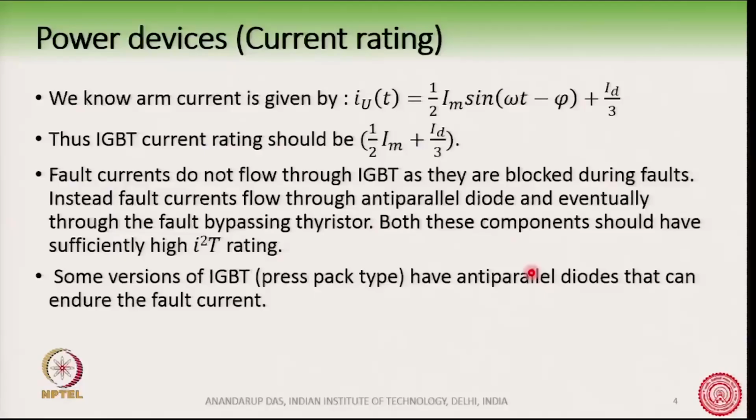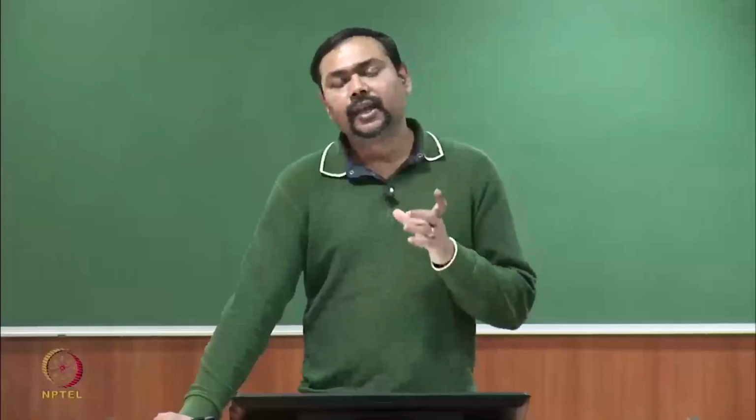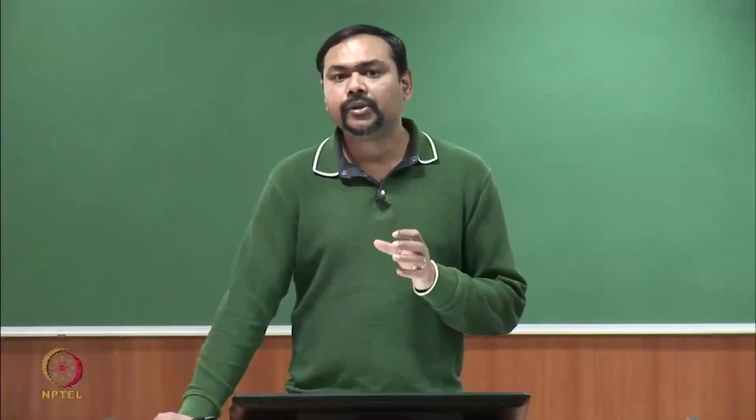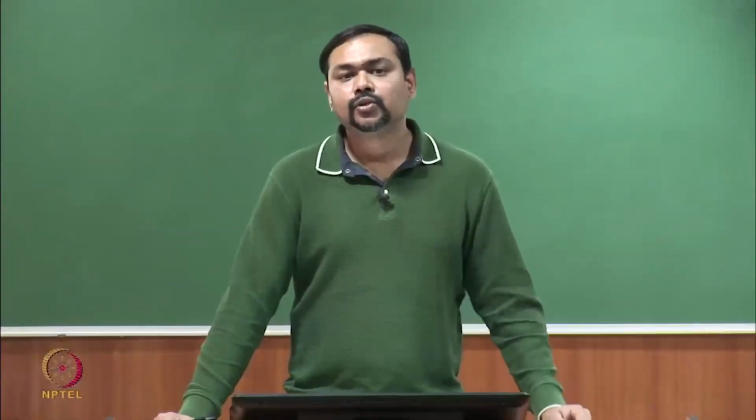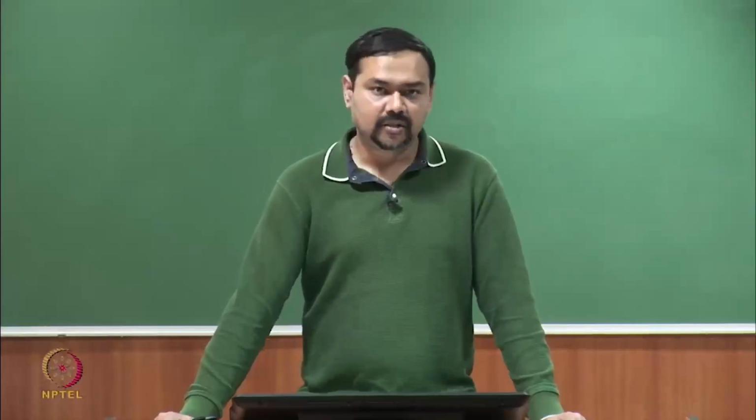Even with this 10 microseconds, we should see what happens during this time. The IGBT should be chosen in such a way that the I square T rating is sufficiently high, so that the fault current during this 10 microsecond time should not destroy the IGBT.